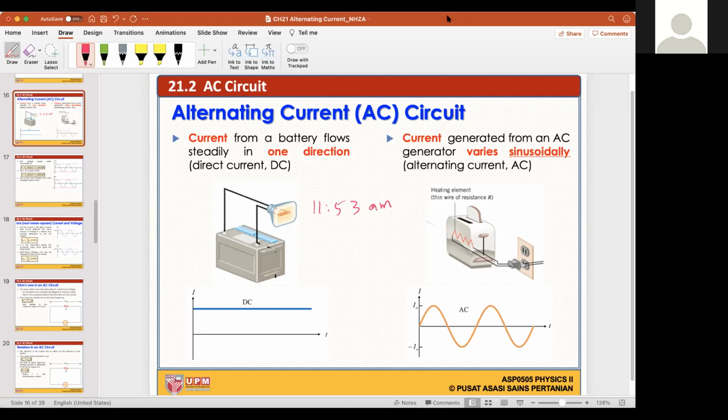We have 38. Don't forget to sign in attendance on Putra Blast. 3 minutes to go for your break.